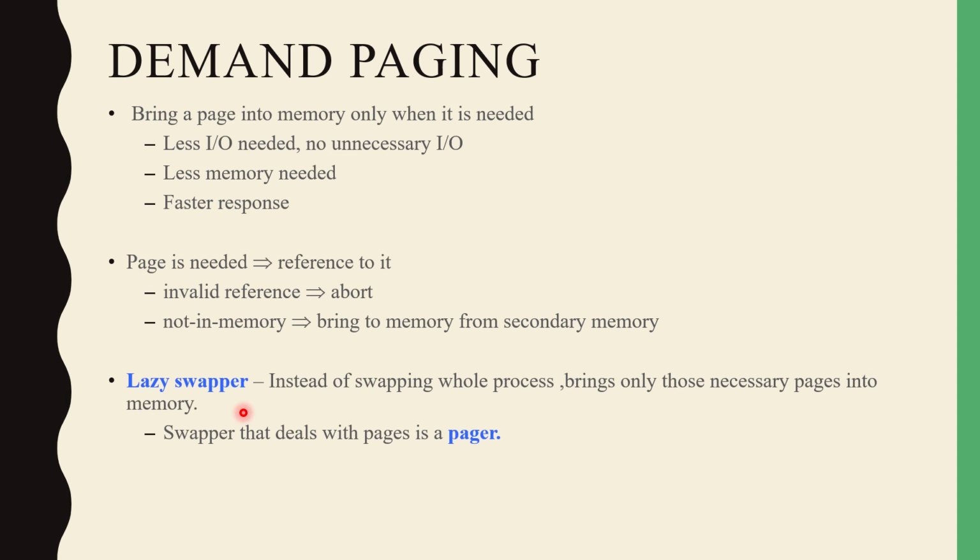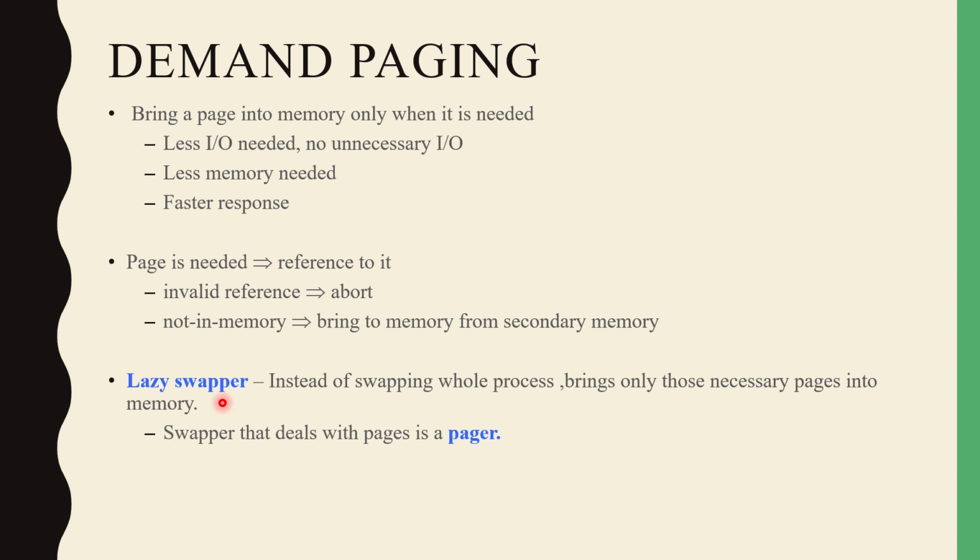Now, another term is called lazy swapper. Instead of swapping or loading the whole process, we bring only the necessary pages into the memory. That technique is called lazy swapper. Say you are watching a movie.